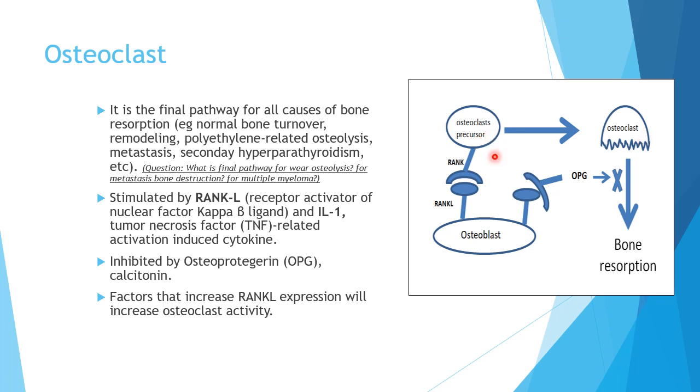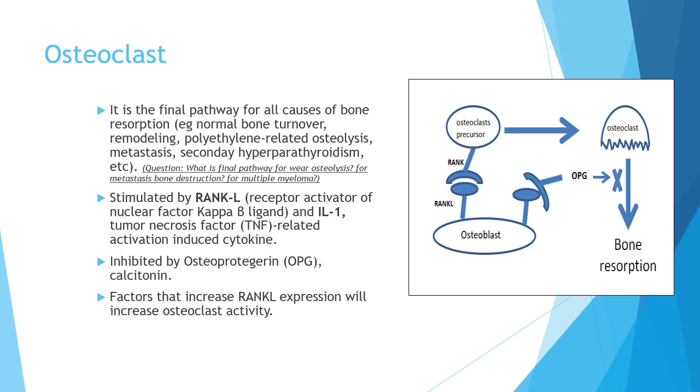So again, the more RANKL available, the more activation of RANK, and the more osteoclast precursor will change to osteoclast. OPG will block the available RANKL and will decrease the activation of osteoclast, will decrease bone resorption. We're going to speak about that in the next slide again.